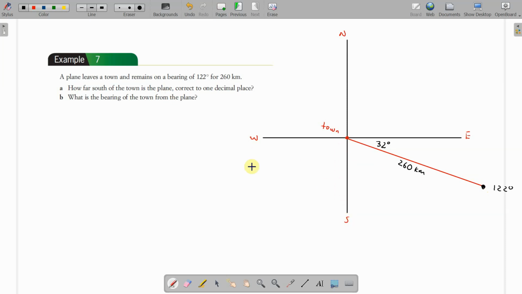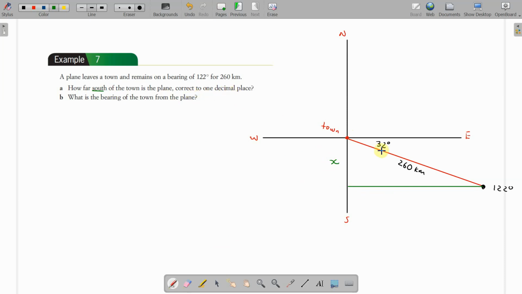That means making a bit of a triangle. You go level with the plane and straight across till it hits the south line. How far is it going that way? This distance here, x if you like. What's that distance? Correct to 1 decimal place.